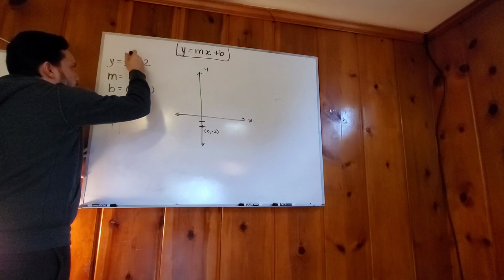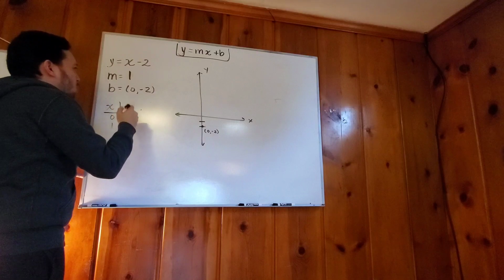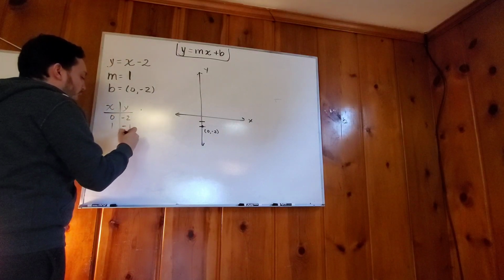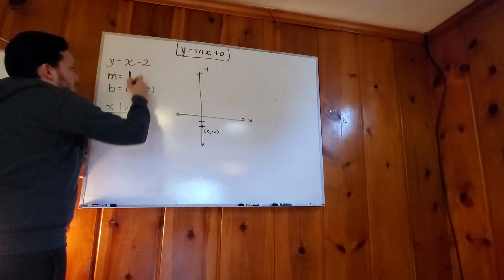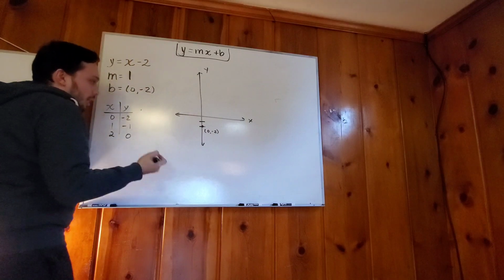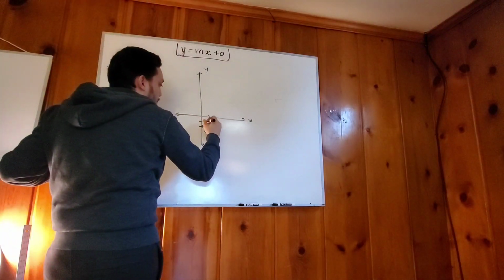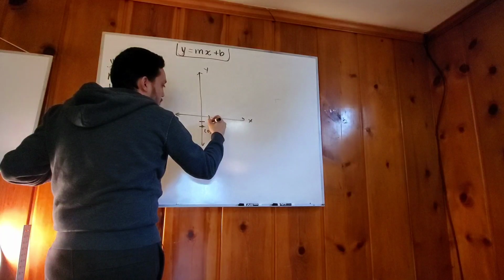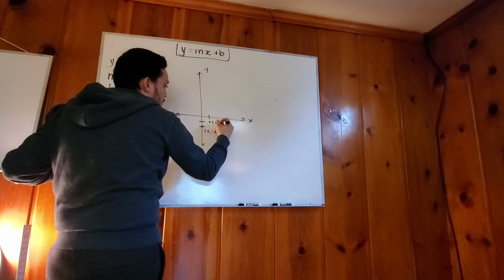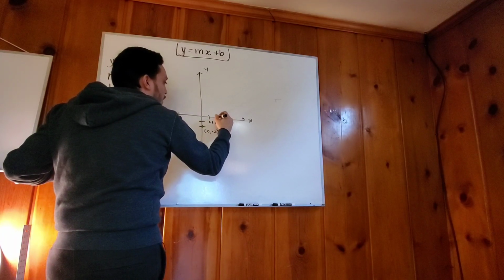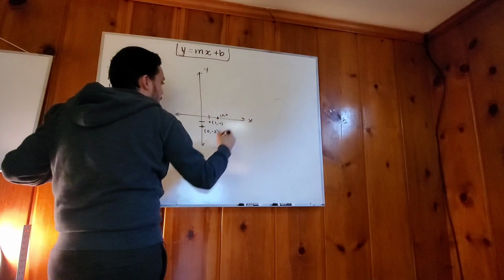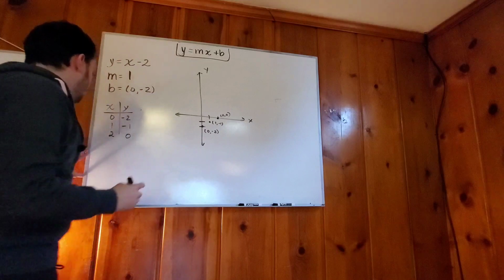So I'm going to put a 1 here instead of the x. What is 1 minus 2? 1 minus 2 is negative 1. And then I'm going to put a 2. 2 minus 2 is 0. Look at that, I already found 2 points as well. So 1, negative 1, and the other one is 2, 0.